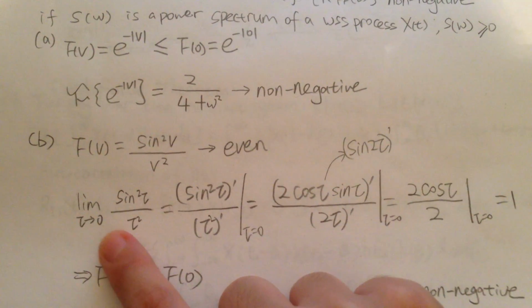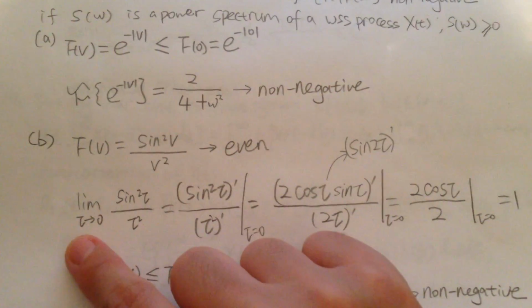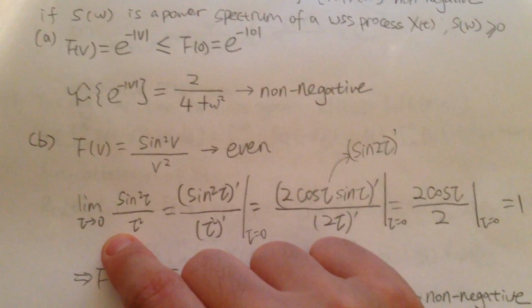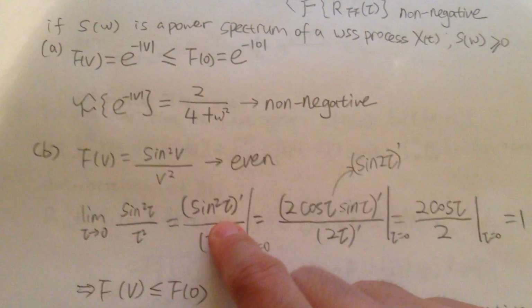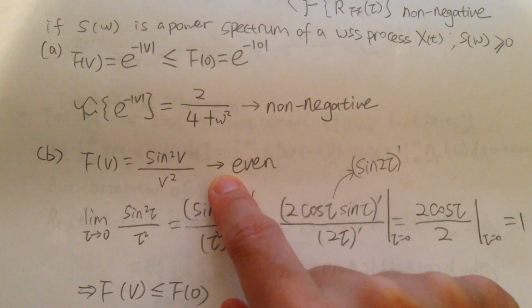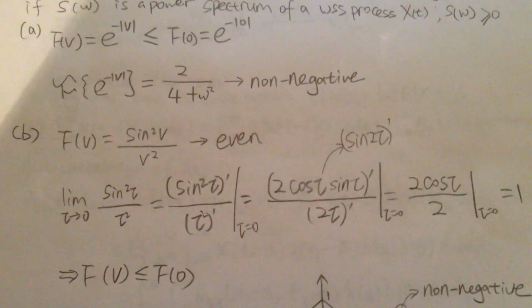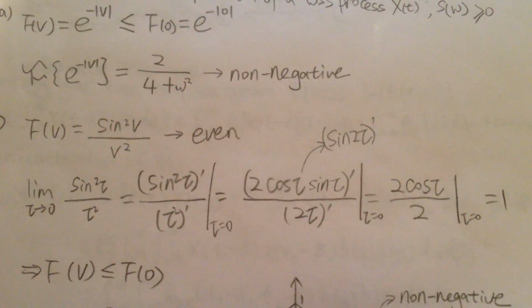So first we need to compute the limit of this function when tau is approaching 0. I use the derivative method to see what's the value of this limit.